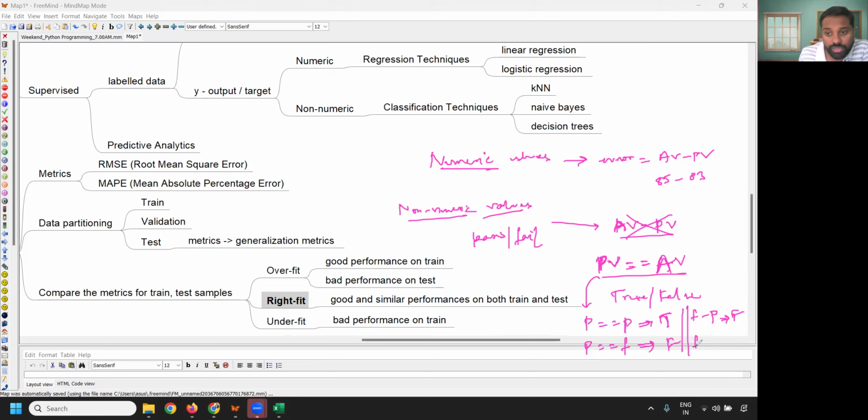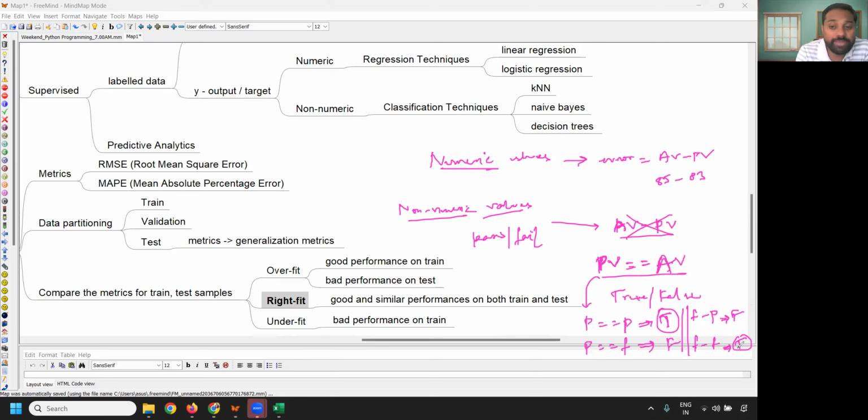And I may predict the student fails and in actual, the student actually failed, so this gives us a true result. This way we compare. And what we need is true predictions, because that is where your model is performing like what we expect, right? It is giving us the expected result.